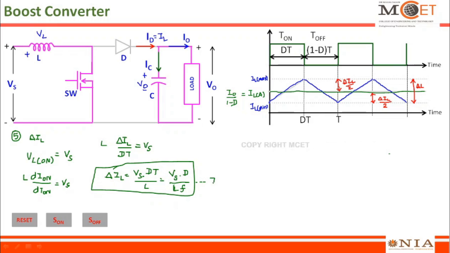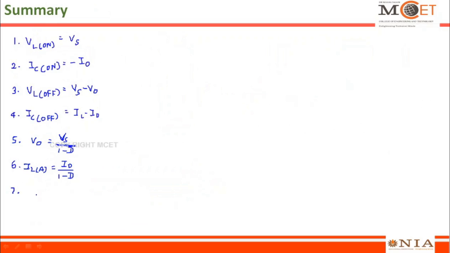So this is expression number 7. Let me take this expression number 7 to the summary board. Expression 7, delta IL is equal to d into Vs whole divided by f into L. This is the 7th expression, which is important in nature.